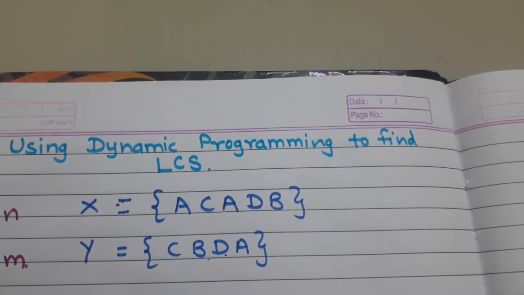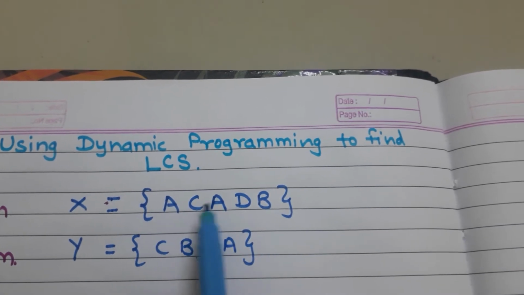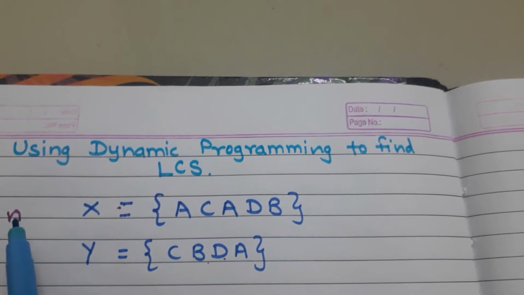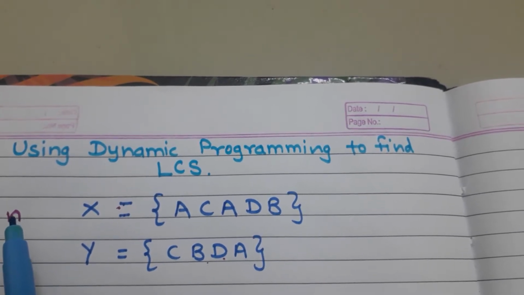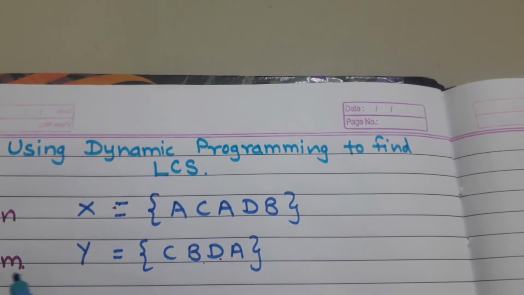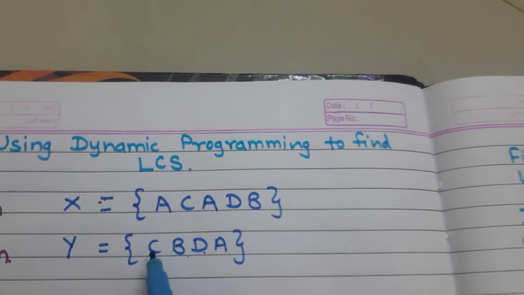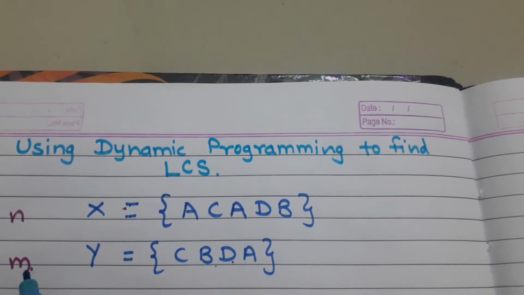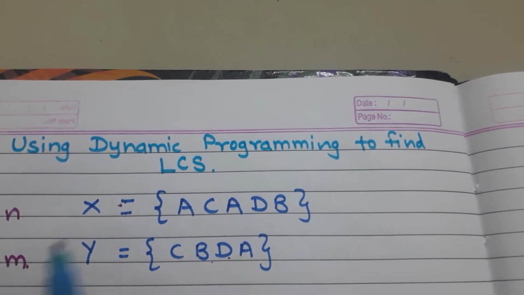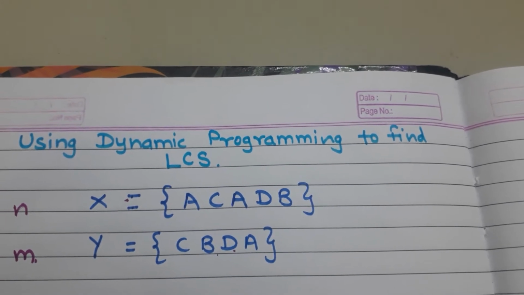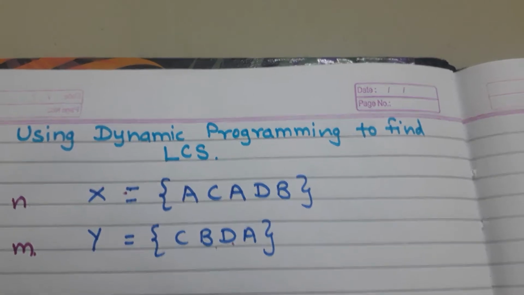Here you can see that X consists of a total of 5 characters, so n, the length of X, is 5. The length of Y is m, which consists of 4 characters, so the value of m is 4. These are the lengths of sequence X and sequence Y.